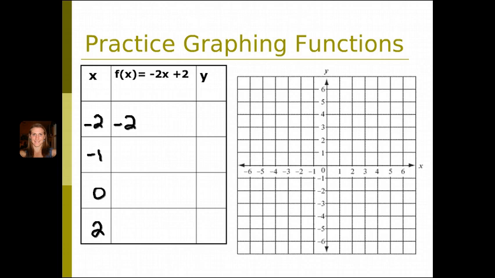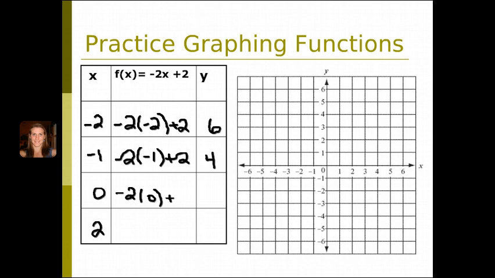So -2 times -2 plus 2, which gives us 6. -2 times -1 plus 2, which gives us +4. -2 times 0 plus 2 gives us +2. -2 times 2 plus 2 gives us a -2.